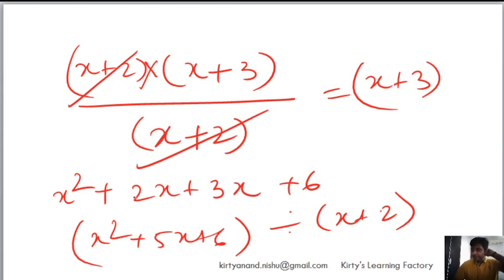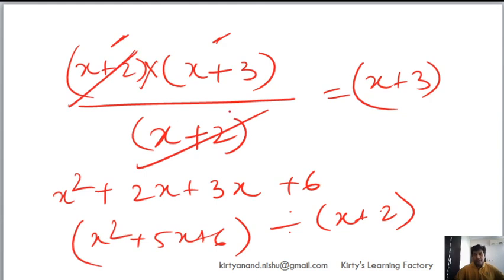It will not so happen that x square will be divided by x, or 5x will be divided by x, and 6 will be divided by 2. No, you have to break it down as a product of algebraic expressions, and if common algebraic factors are there, then you should be able to cancel them out.